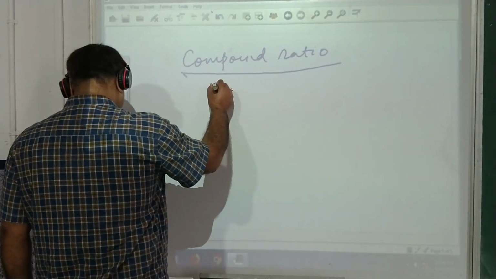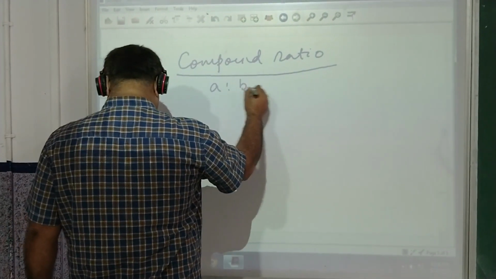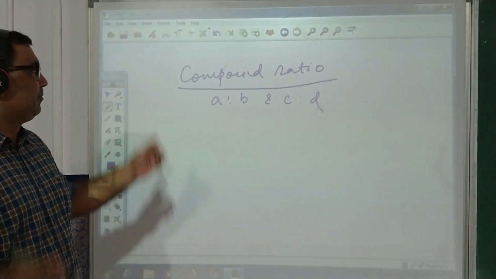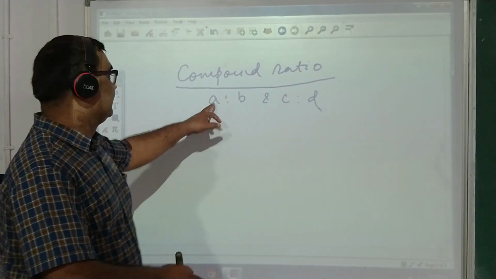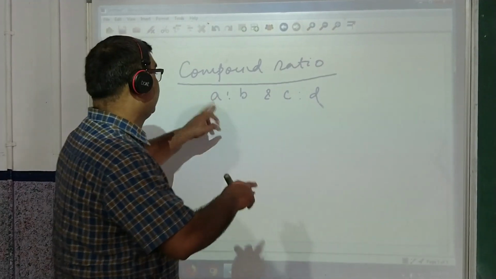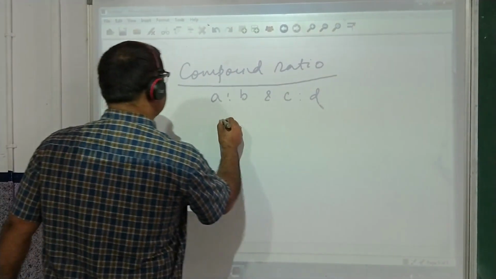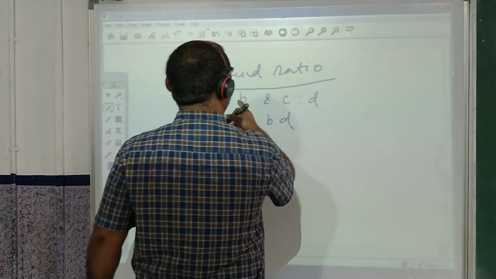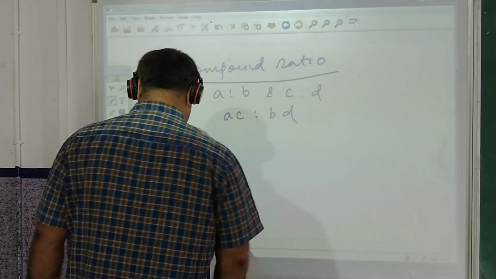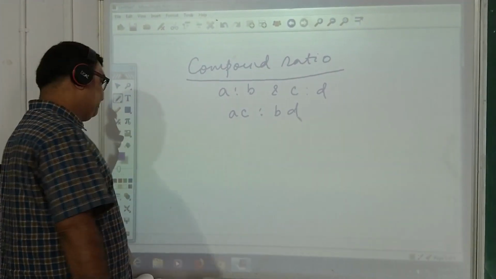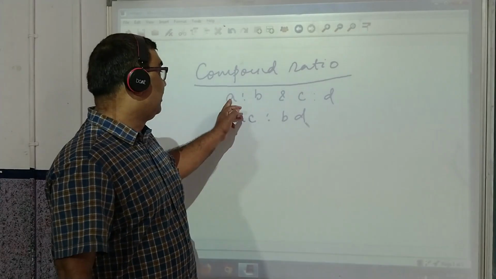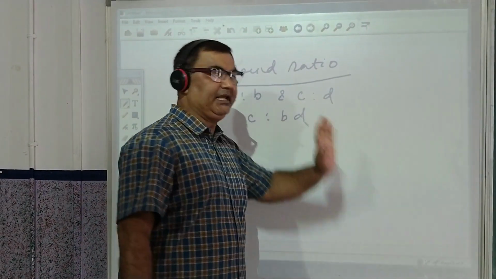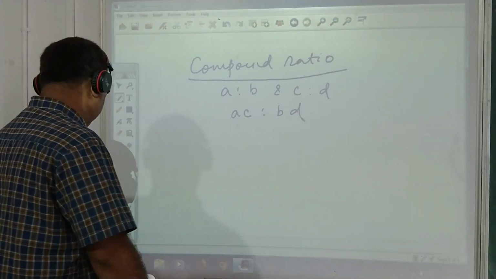For example, for the ratios A is to B and C is to D, the compound ratio is AC is to BD. This is the compound ratio.